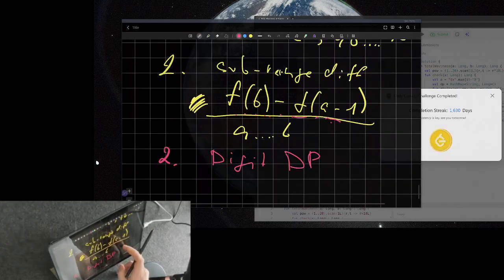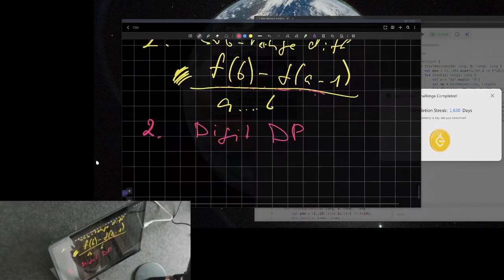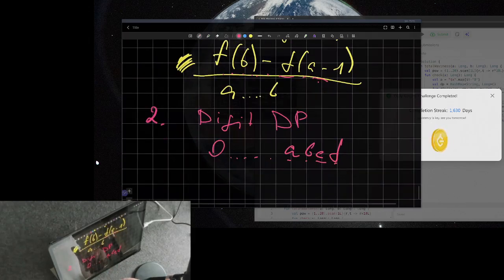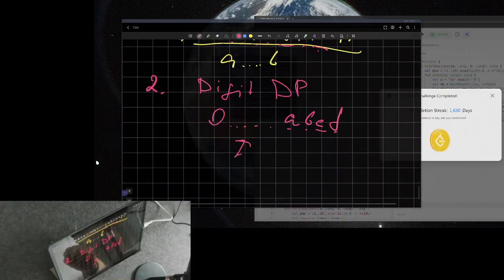Imagine you have a range from 0 up to some number, let's call it abcd, where each of a, b, c, d is just some digit. Then if you have to compute something for this range that starts from 0, you can use digit dp.